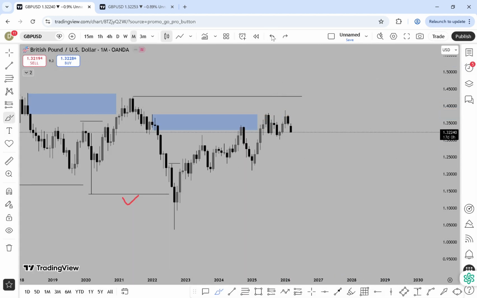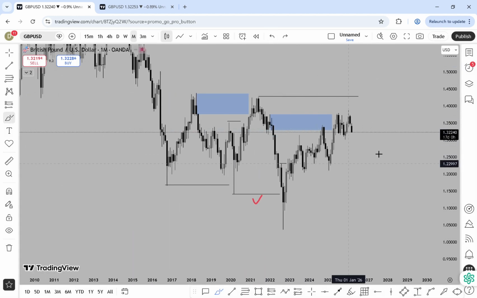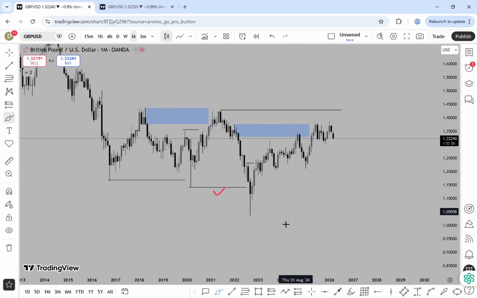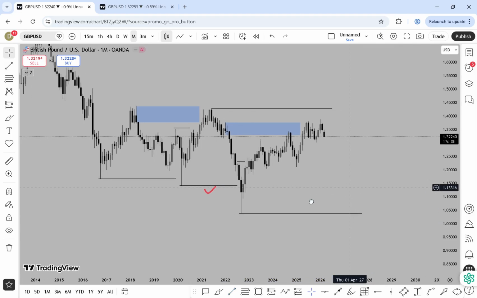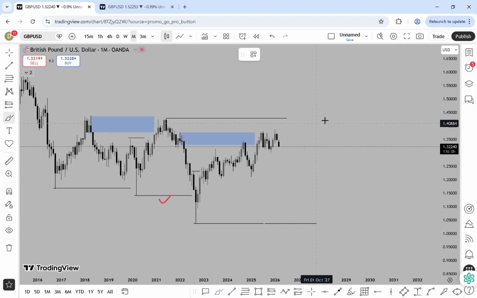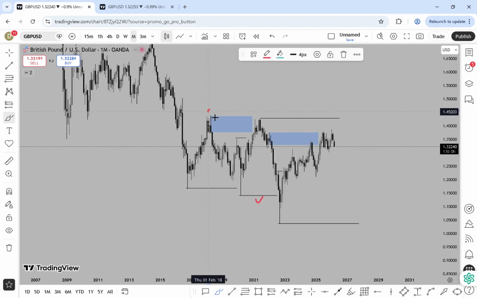We're expecting the market to come and take out this low, or at least to come to this low. Monthly has actually shown us that it's bearish because this is a series of higher lows, kind of. You can see what the monthly is doing here.